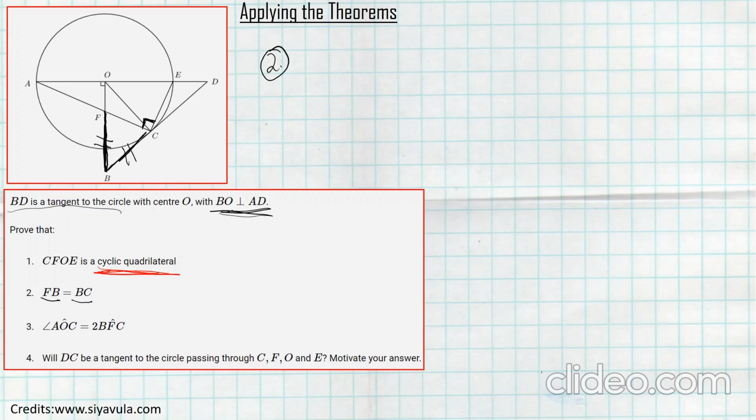The question is, if FB is equal to BC, how will we know that they're equal? By proving that this angle is equal to this. If we prove that the base angles are equal, we can deduce that this one is also equal to this, by the converse of the properties of an isosceles triangle.